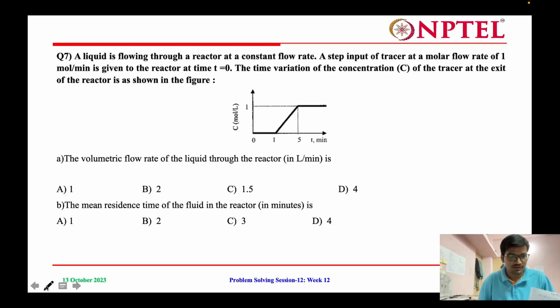Now the B part, the mean residence time of the fluid in the reactor, in minutes. To calculate the mean residence time, t into C max equals the shaded area, right?